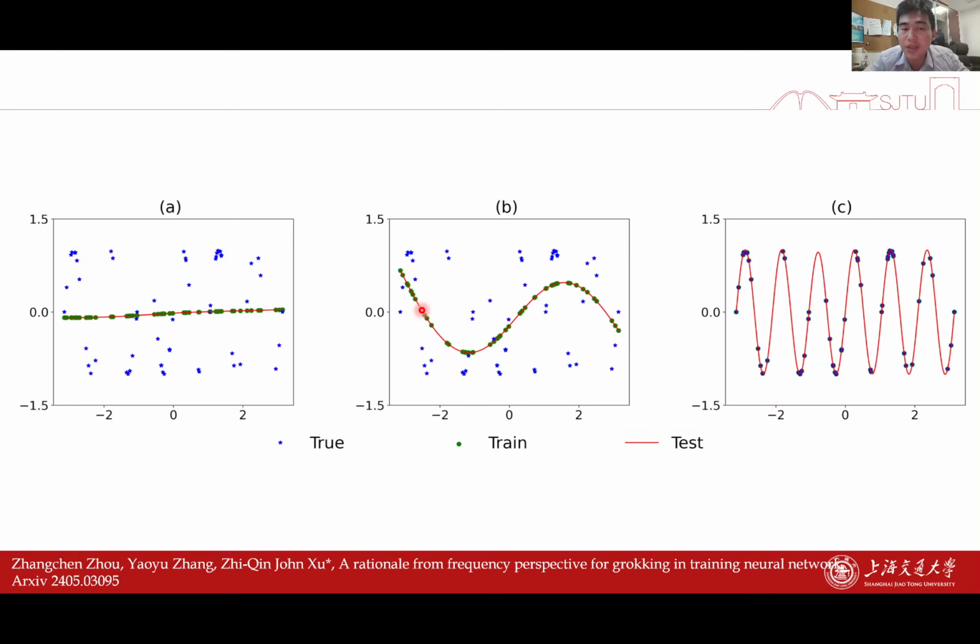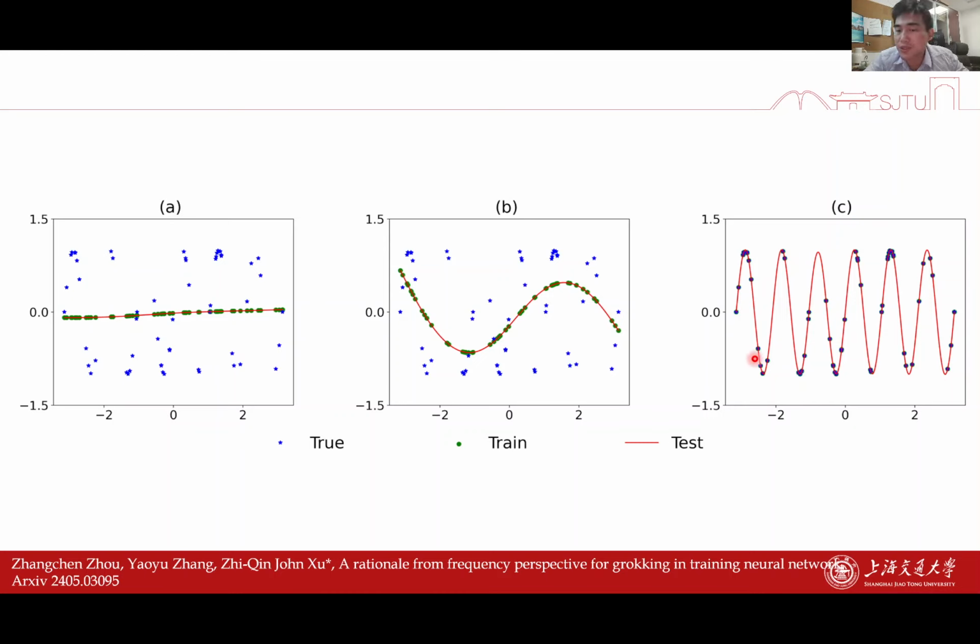And the neural network has a frequency principle: neural networks tend to learn low frequency first. So to explain the data, the neural network first learns an output very similar to sin x. However, if you really want to capture all data points, with definitely no noise, you have to learn this sin 6x function.